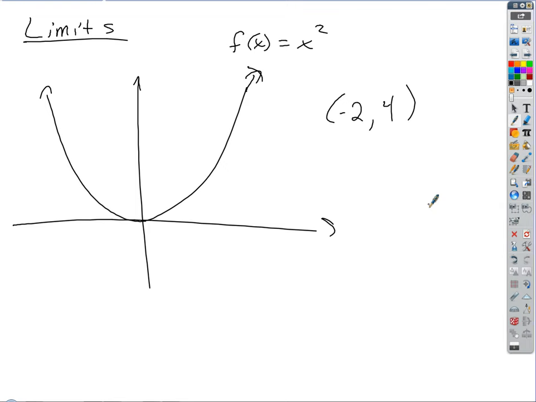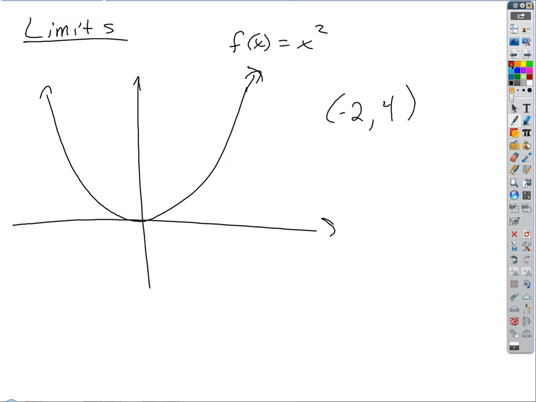So for example, as an ant, let's say a dense calculus fog rolled in, and an ant were walking along this function, either from left to right or right to left, and he were approaching an x value of -2. What value would he anticipate stepping on? 4. He would, wouldn't he?